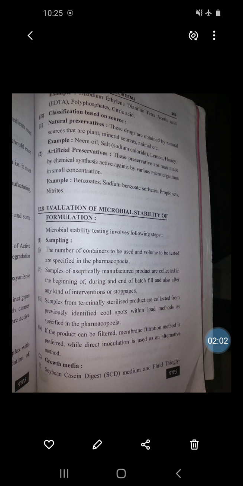Then the samples from terminally sterilized product are collected from previously identified cool spots within the load, as specified in the pharmacopoeia. Then, if the product can be filtered, the membrane filtration method is preferred, while direct inoculation is used as an alternative method.